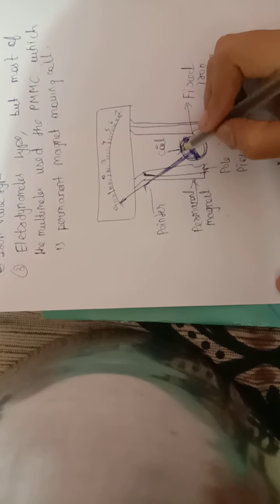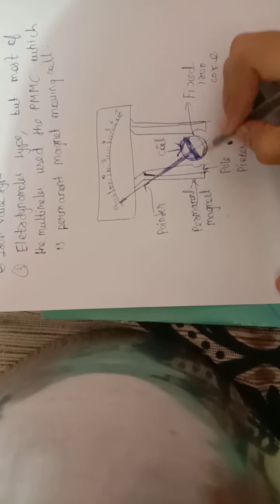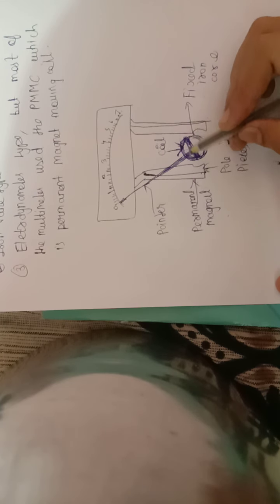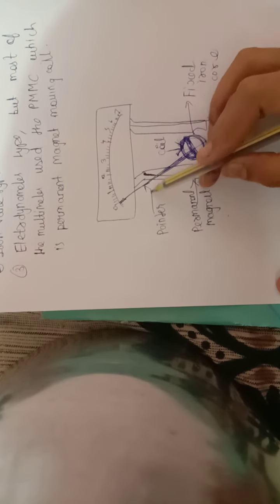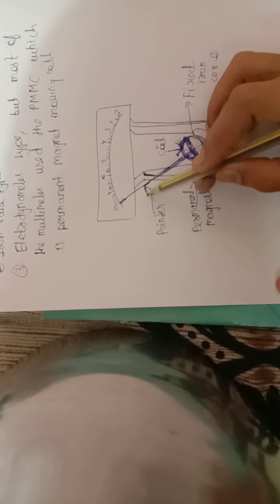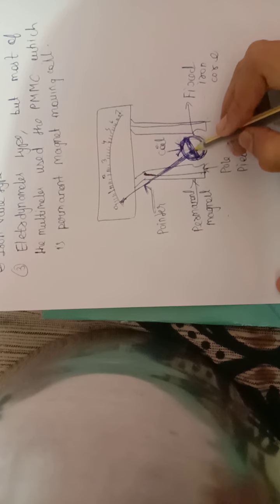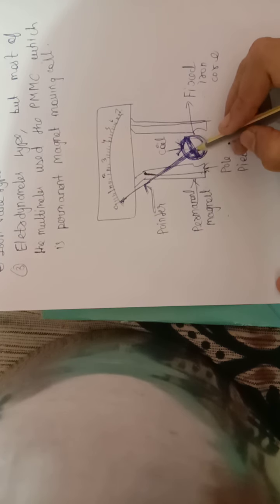The coil is suspended, rotating freely in the magnetic field. The aluminium pointer is given, with one spring at the top and one at the bottom, which is in the bearing.